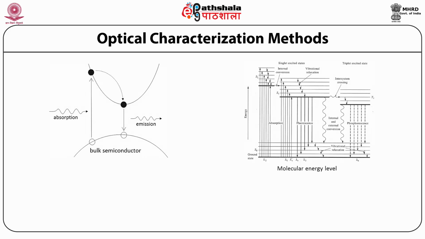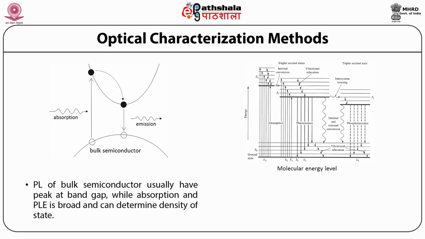So this is the schematic showing how the PL of a bulk semiconductor usually has a peak at the band gap, while the absorption and photoluminescence emission is broad and can determine the density of states.